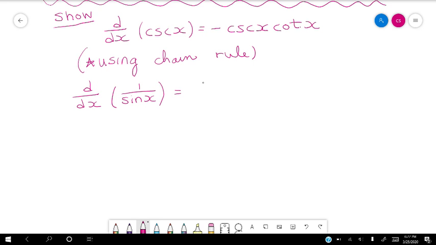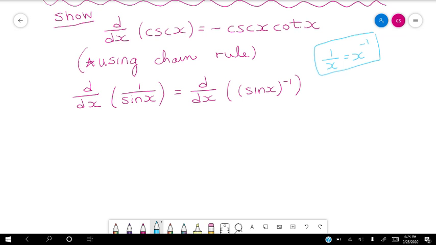What we're going to do is we're going to think of the sine of x having an exponent of negative 1, because that would send sine of x to the bottom and just be sine of x. And so if we think of it like this, now we can use our chain rule. Okay, so again, essentially what happens, remember 1 over x is like x to the negative 1. Okay, so that was that step right there.